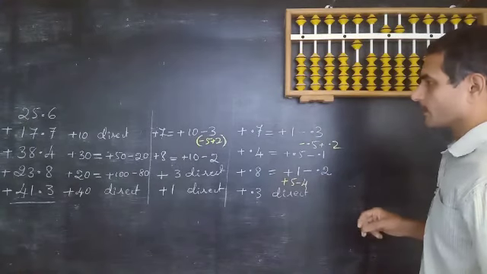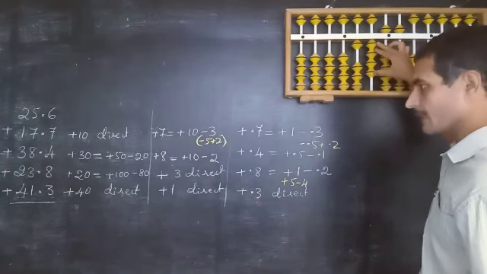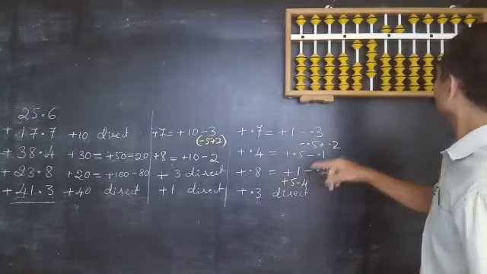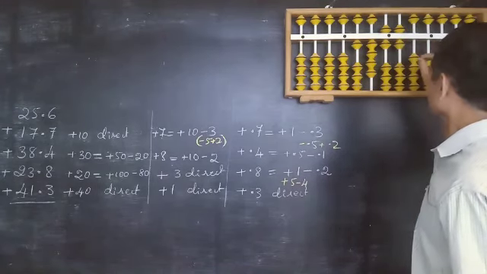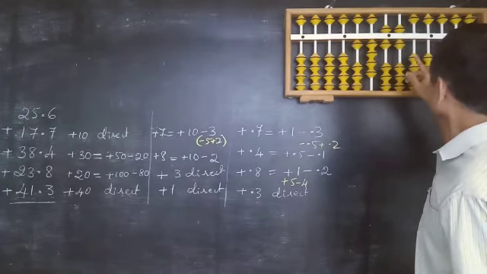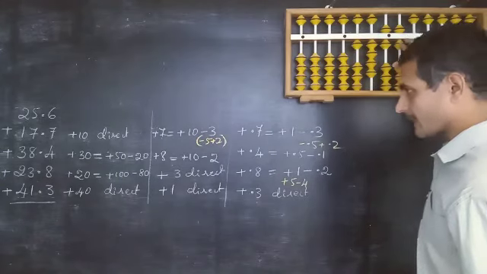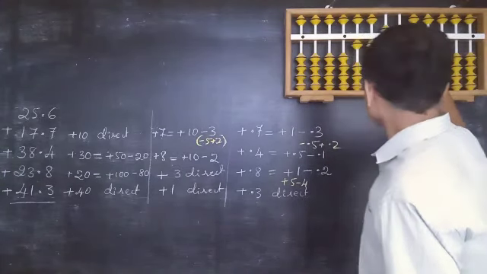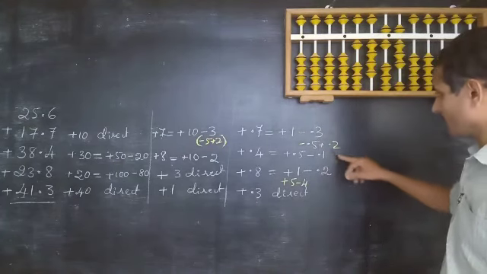Plus 41.3, plus 40 direct, plus 1 direct, plus 0.3 direct. 146.8. It had come 146.8. Somewhere plus 2 I have not done.